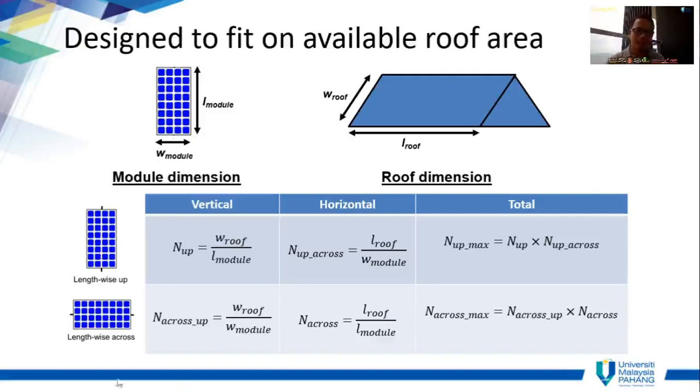While for the horizontal part, because the module is arranged across the roof, we call it N across across. So you're going to get two different numbers here, and the total number of modules is the multiplication product of both the vertical and horizontal parts.